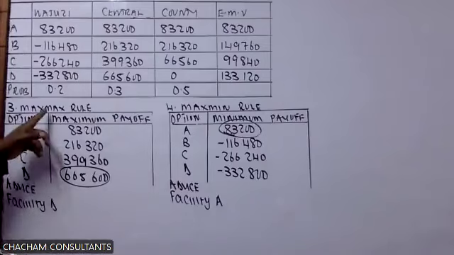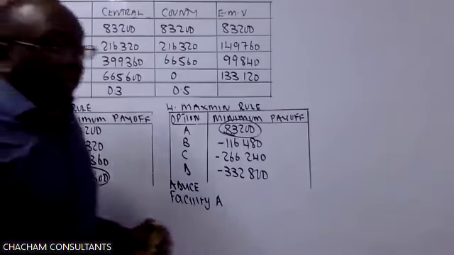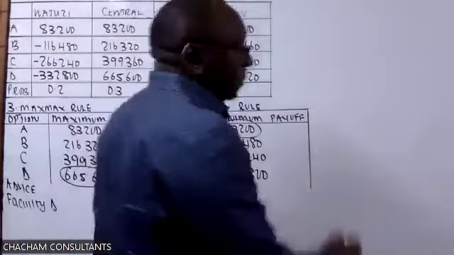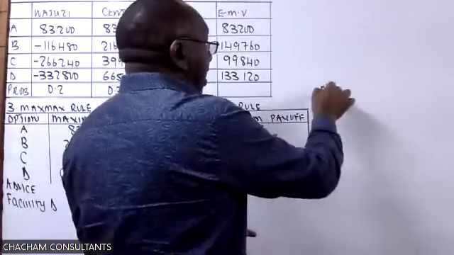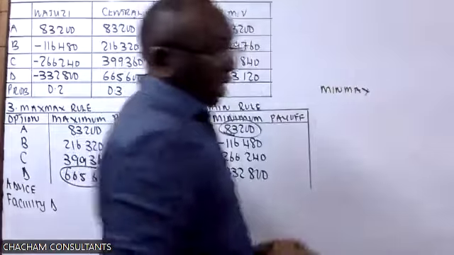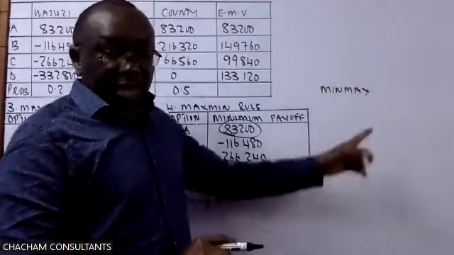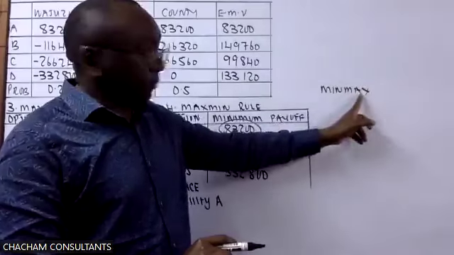Now from these 2 words, which are coming from a combination of the word maximum and minimum, you can have other combinations, although we are not going to put them in our notes. You can have min-max. Now, if they tell you to use min-max, you will need to extract the maximums.